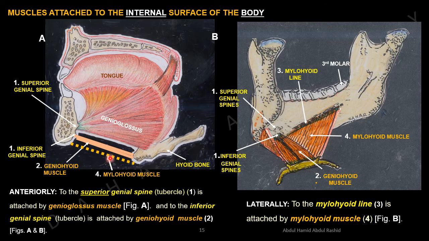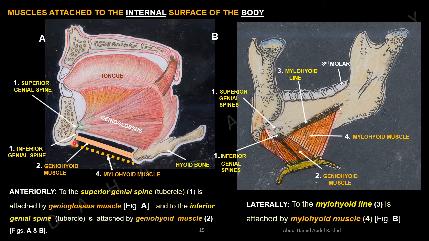Now we are going to talk about the inner surface of the lateral part of the body of the mandible. Here we have the mylohyoid line, which we have already mentioned earlier. It arises from the back, that is the internal surface of the symphysis menti, below the inferior genial spine, around this place.